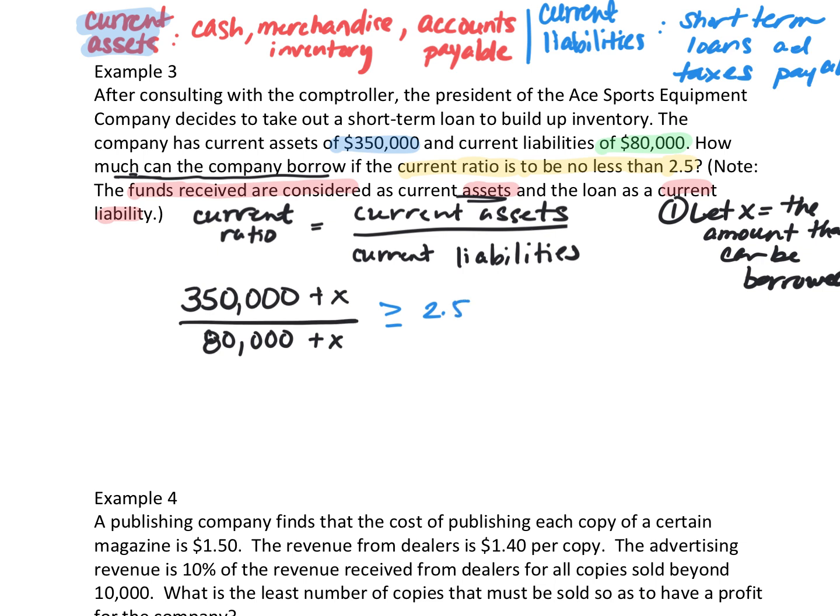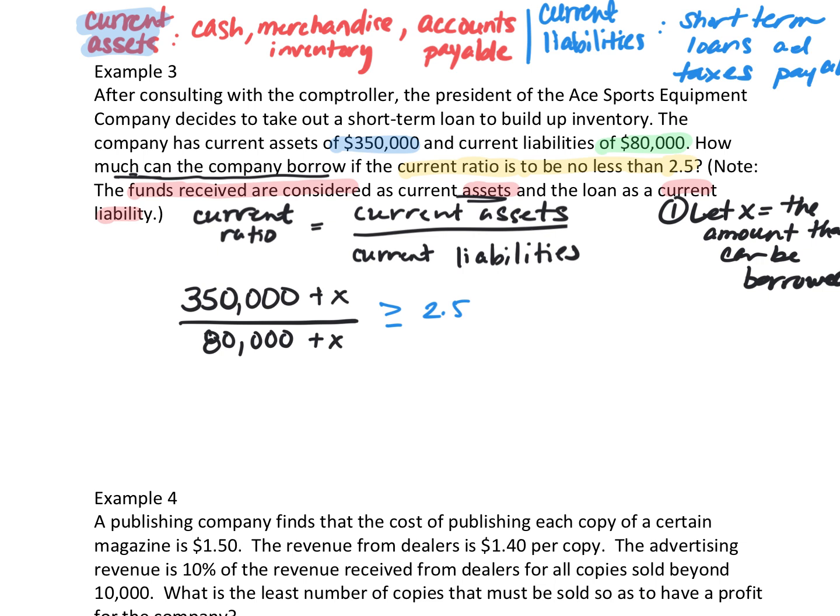Okay, so now let's solve. If we have a fraction, just looking at this you'll be telling yourself, wait, this is not really a linear inequality because we have that x in the denominator. But the inequality that must be solved is not linear; it is equivalent to a linear inequality.